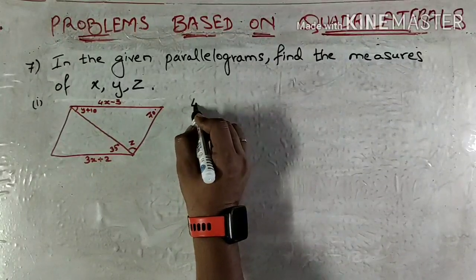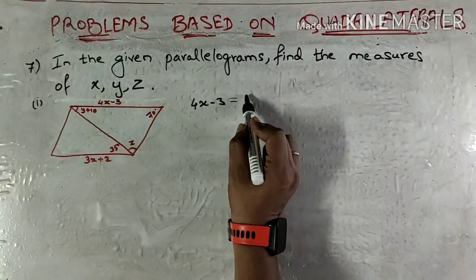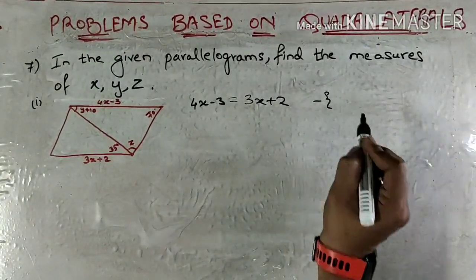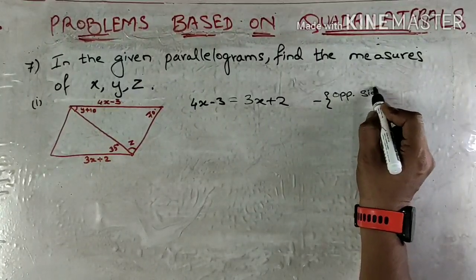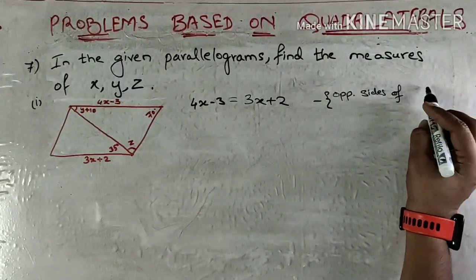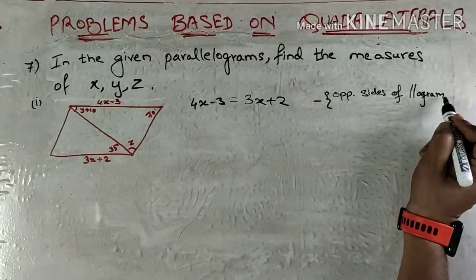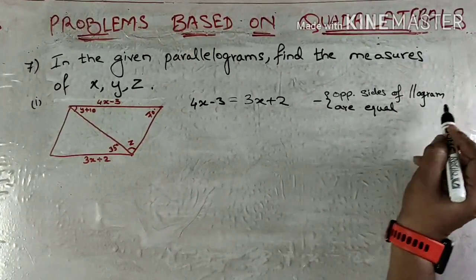So I can write it as 4x minus 3 is equal to 3x plus 2, and the reason I'll give is: opposite sides of parallelogram are equal.